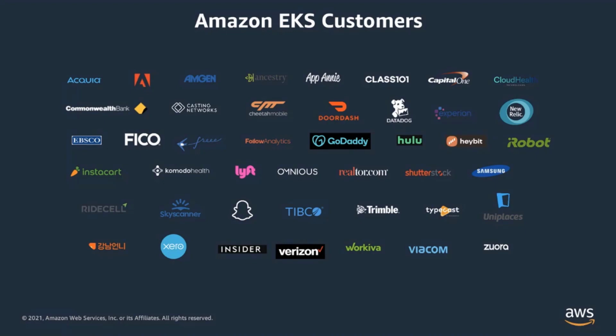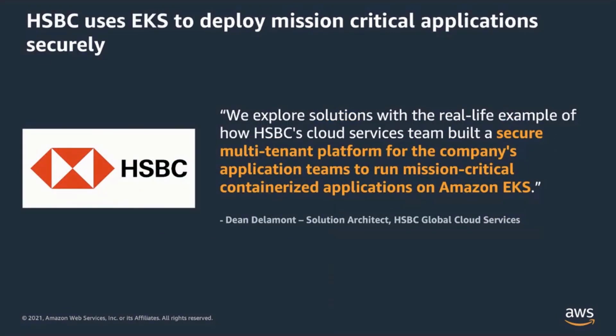All of our customers are driving important innovations and addressing critical needs using Amazon EKS. Here are a few examples of customers who've chosen Amazon EKS. HSBC, one of the world's largest banks operating in a regulated environment, has chosen Amazon EKS and trusts Amazon EKS for their mission critical applications.